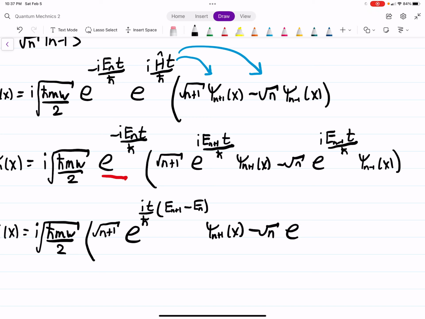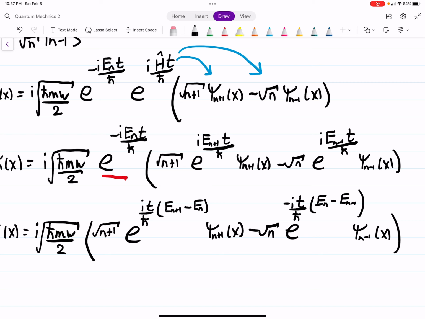And likewise, this does not change. We're going to factor all this stuff out, and we'll factor out a negative. So this is good, and we have our state here.